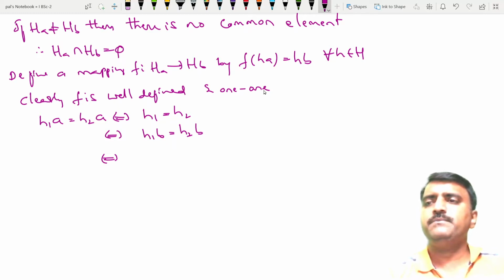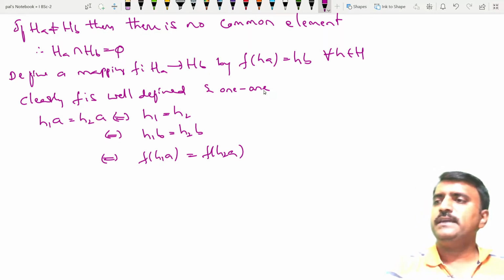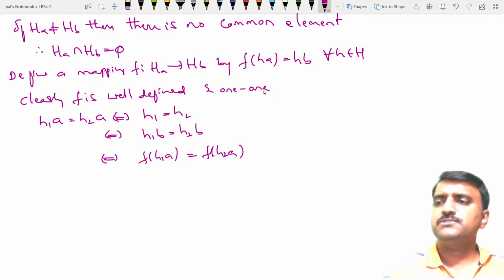Similarly, h1b can be written as f of h1a, and h2b as f of h2a. So what does it show? Here f is one-one. One-one means, if a is equal to b, then we have to show that f of a is equal to f of b. Similarly, we show that h1a is equal to h2a implies that f of h1a is equal to f of h2a. So therefore f is one-one and it is well defined.